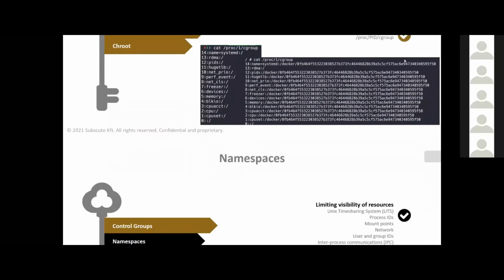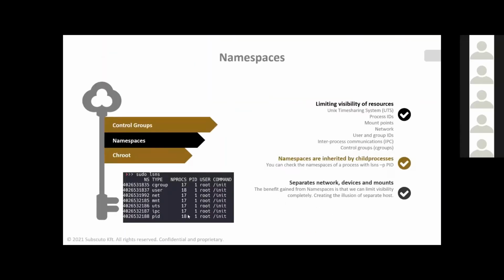The other technology that is used to separate processes is namespaces. Namespaces limit visibility to resources. Unix time sharing is used to separate out domain names, so you can have different host domains for different containers. Process IDs: this is why they don't see each other's processes.